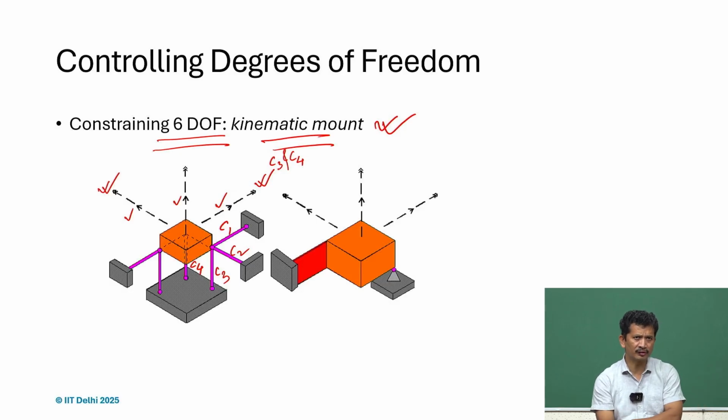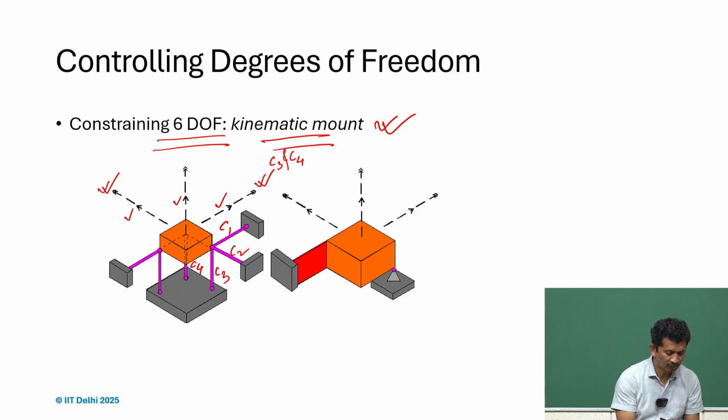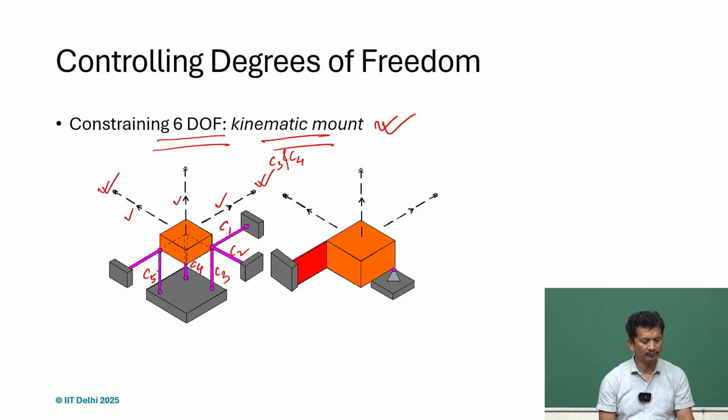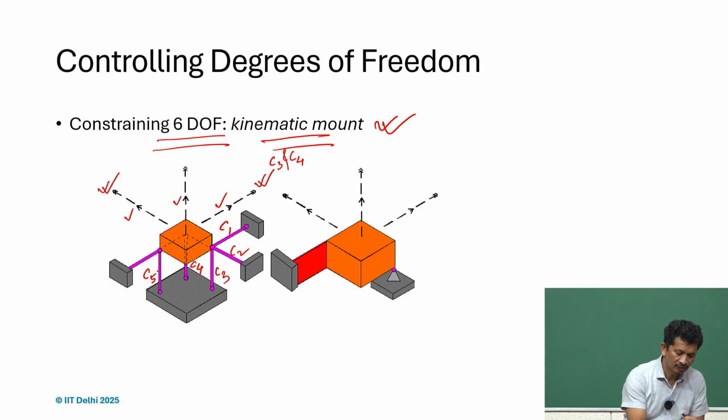So, if you want to constrain that rotation, what will happen? C4 and we can say C5, they are perpendicular to that plane, that axis. So, the plane perpendicular to that axis, or what we can say the normal, they should coincide, and then C4 and C5 will constrain that rotation. So, this is C4 and C5.